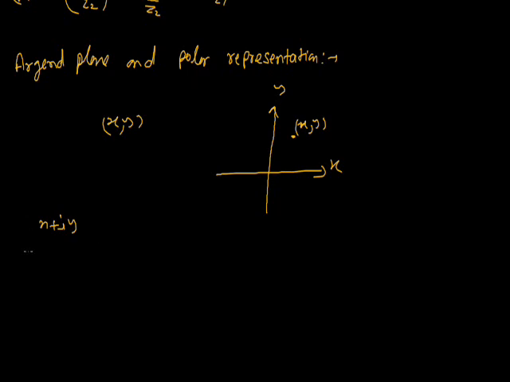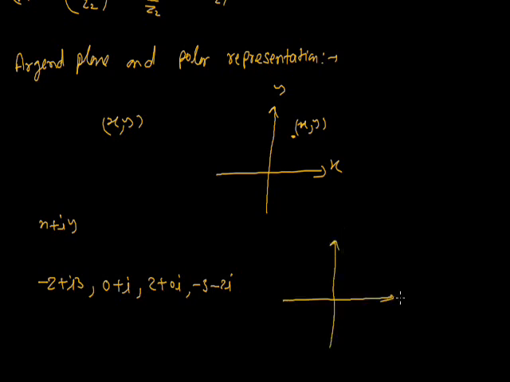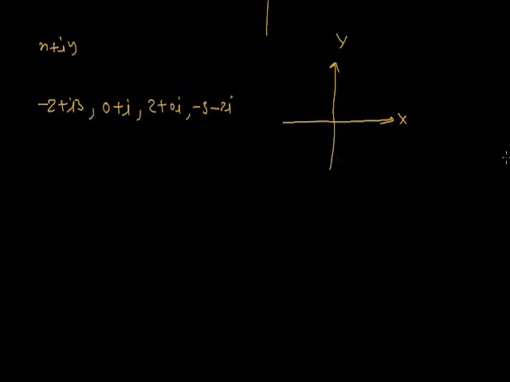So here suppose we are talking about the complex numbers minus 2 plus iota 3, 0 plus iota, 2 plus 0 iota, and minus 3 minus 2 iota, which have been represented geometrically in this diagram. Suppose it is the x-axis and it is the y-axis. So this is the origin 0, 1, 2, 3. It will become minus 1, minus 2, minus 3. Similarly it is 1, 2, 3, minus 1, minus 2 and minus 3.